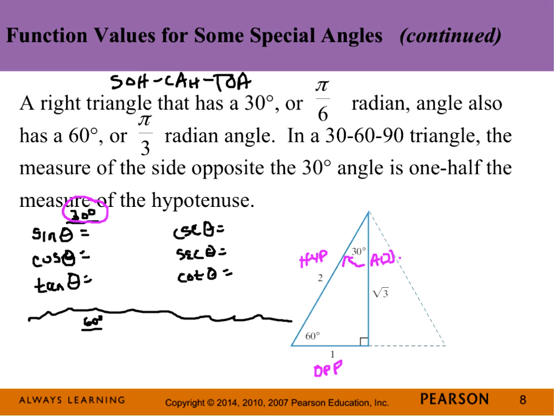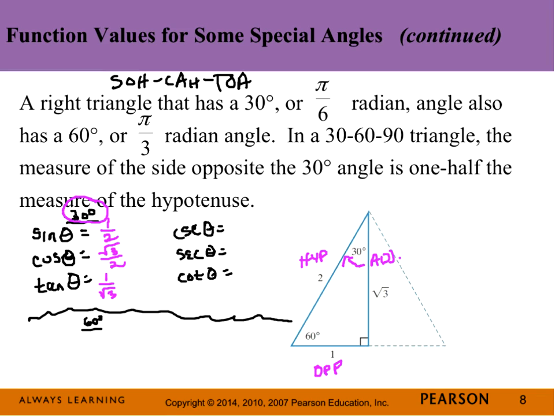Okay, so sine is opposite over hypotenuse, 1/2. No real work that we have to do there. The cosine of theta is adjacent, square root 3 over hypotenuse, 2. And the tangent of theta, or the 30-degree angle, is opposite over adjacent.